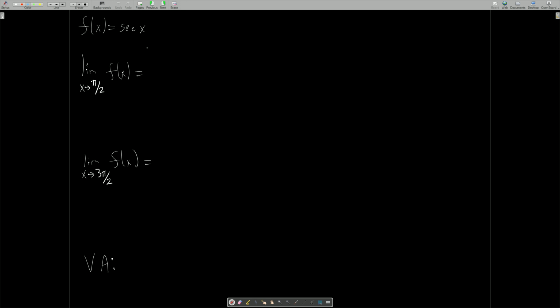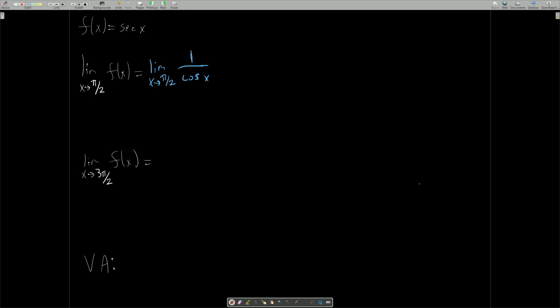Now I have f of x equals secant x. And the first step to do here is to consider secant x. Remember that secant x is the same thing as 1 over cosine x.